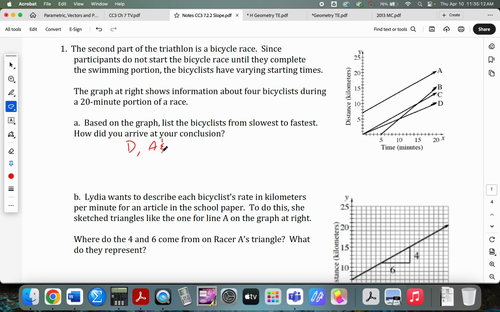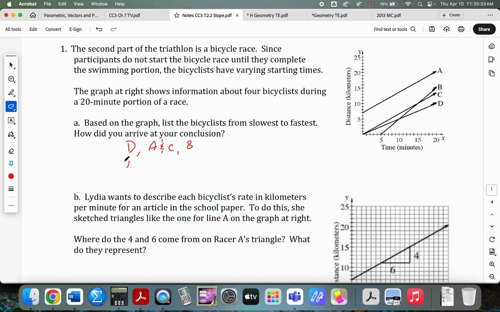A and C are the same. Because they're parallel. Yes, indeed, because they're parallel. And who's going fastest? B. Okay.